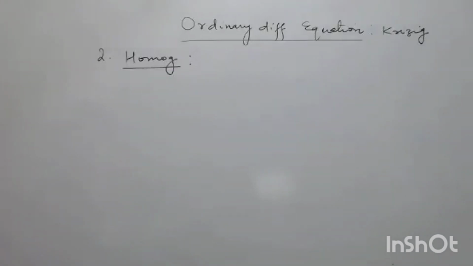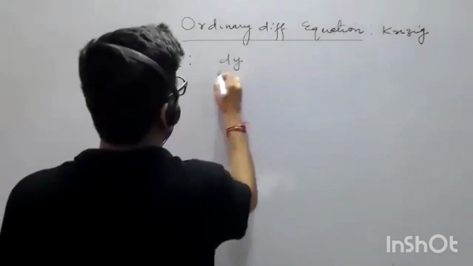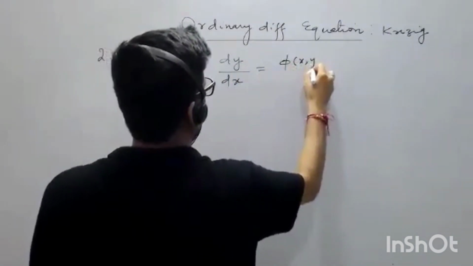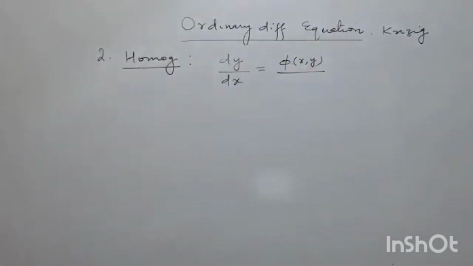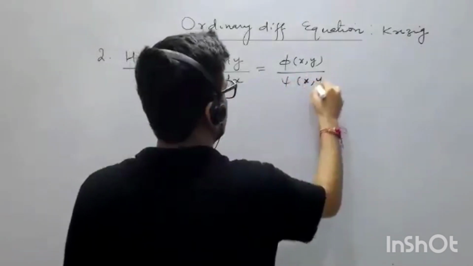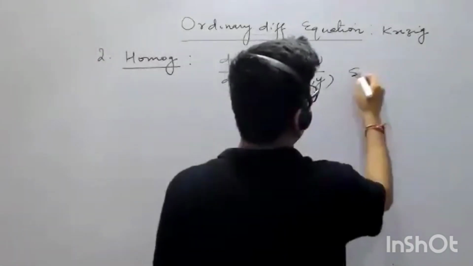What is homogeneous? You have a differential equation like this: dy by dx is equal to some function phi of x y, and suppose in the denominator also you have some function, for example I write psi of x y. So dy by dx is equal to phi of x y upon psi of x y, and both terms should have the same degree.